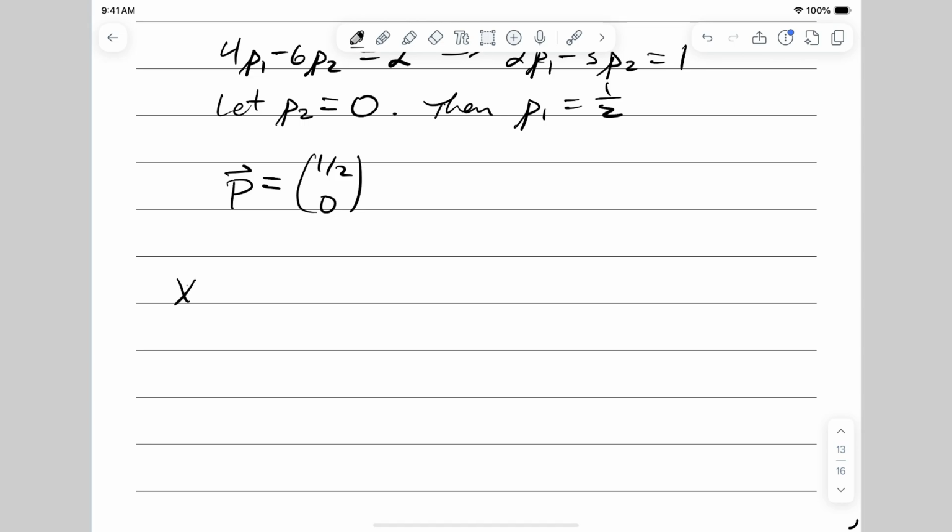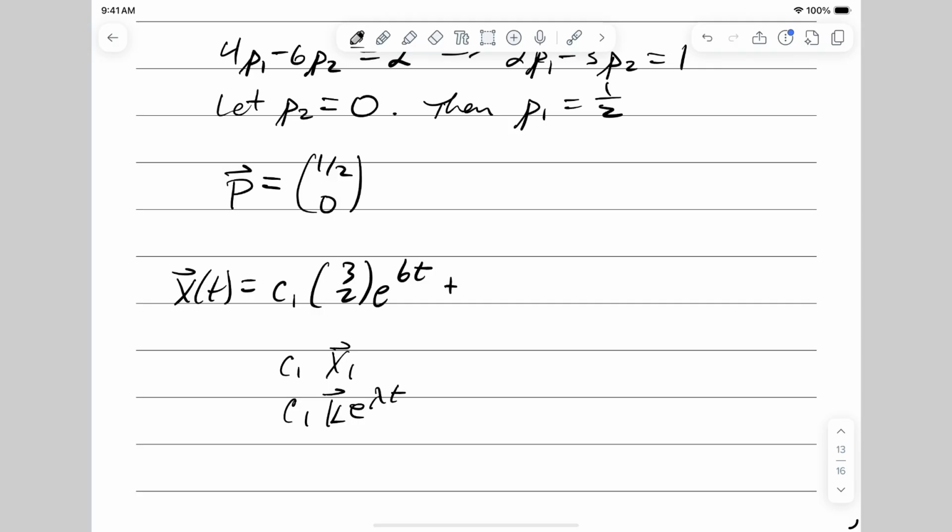Putting this all together, we get x(t) is equal to c1 times (3, 2) e^(6t). That's our c1 x1, which is really c1 k e^(λt). Second solution, c2 times (3, 2) t e^(6t).